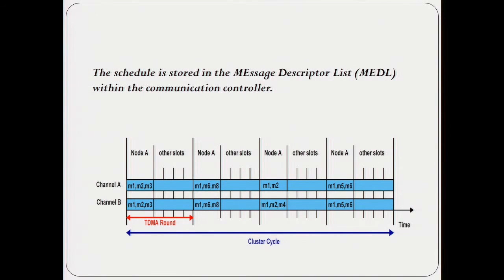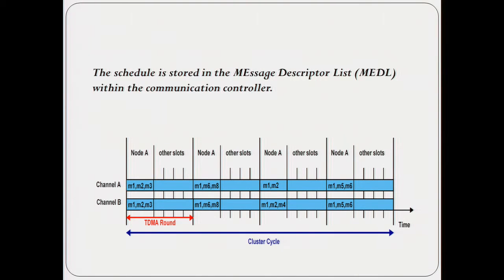So this one is the TDMA round, as we said before. And you have, in each TDMA round, a node A that has, you see the medl is written in the first part, where you say that the particular node A is sending messages M1, M2, M3. Then you have other slots for different nodes. And then node A gives information M1, M6, M8.